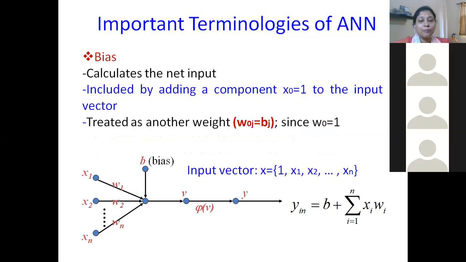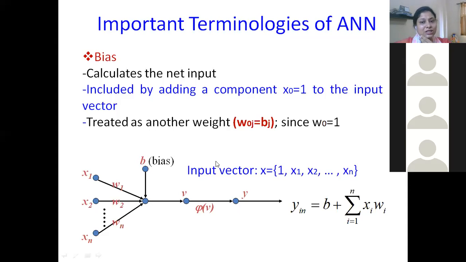Net input means that suppose we have input vectors like x1, x2, x3, up to xn, and we have weights associated with all the input vectors, those are w1, w2, w3, up to wn. Now sometimes it may happen that we need some kind of bias adjustment.